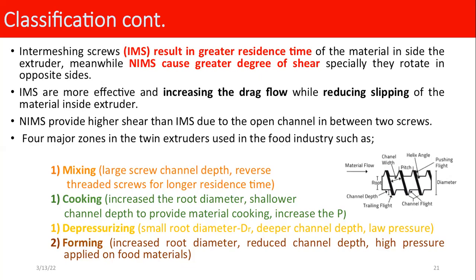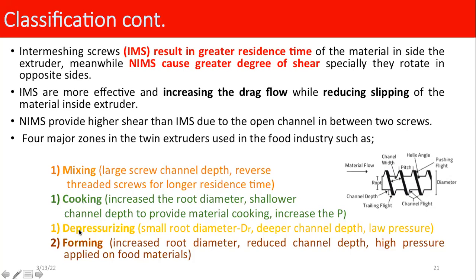Right? In twin screw extruders there are four zones. There are 4 major zones in twin screw extruders: mixing, cooking, depressurizing and forming, numbered 1, 2, 3, 4.